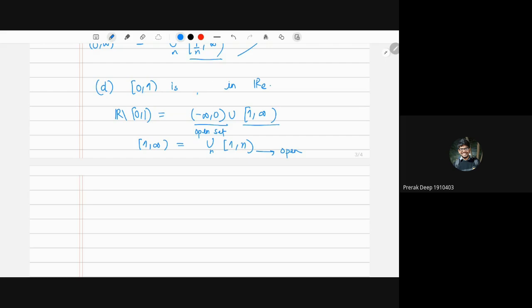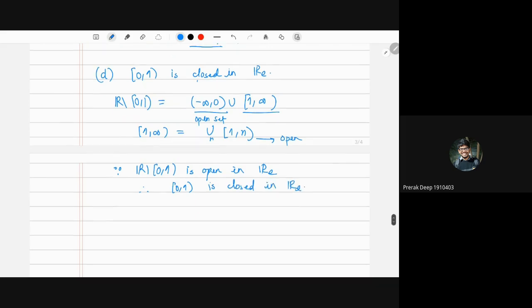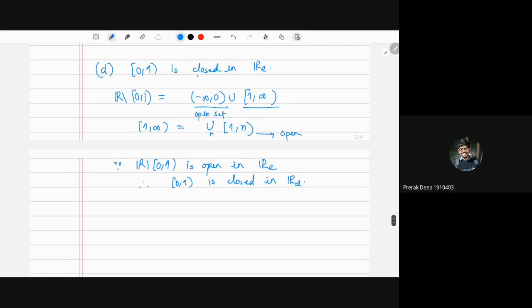Since this is open in RL, we get this is closed in RL. Okay, is this clear?